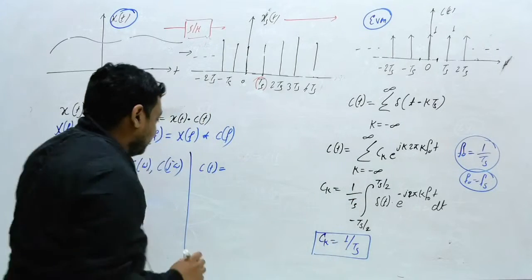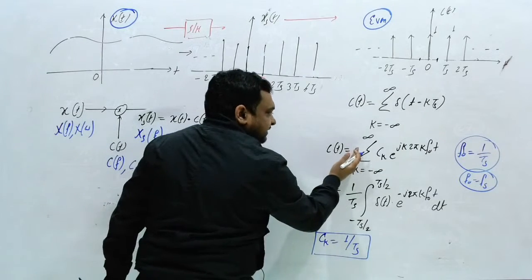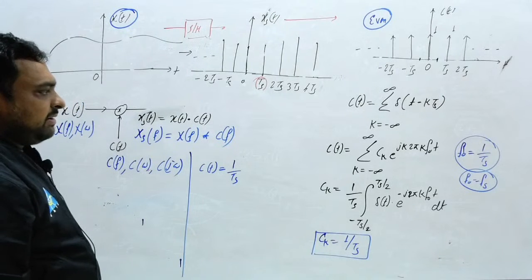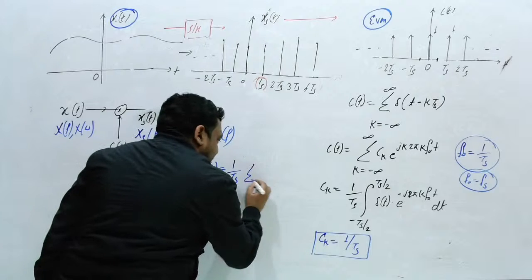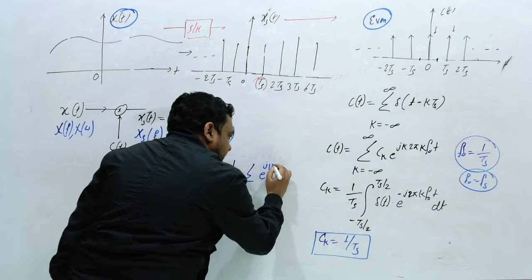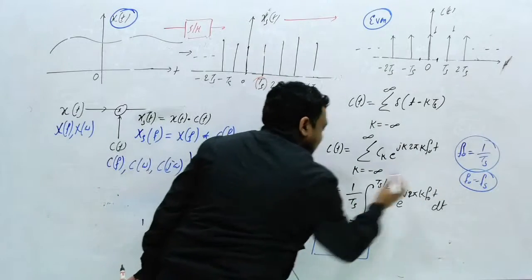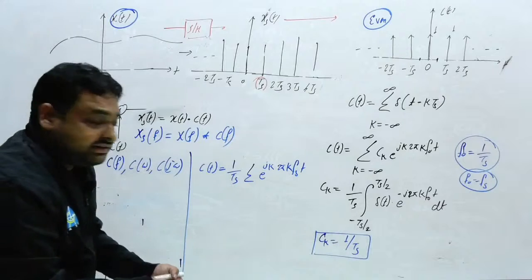This is a very important thing. So can I take the 1 by Ts out? Yes. And this is summation from minus infinity to infinity of e raised to the power j 2 pi k fs t.